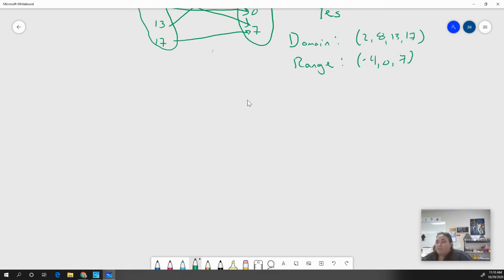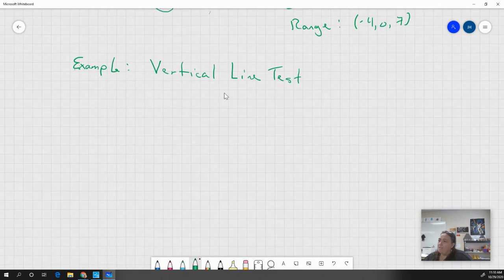It's going to be a really rough example, but we also have something called the vertical line test. And when we're determining a function on a graph, we can use what's called the vertical line test. And the vertical line test is pretty easy to work with.